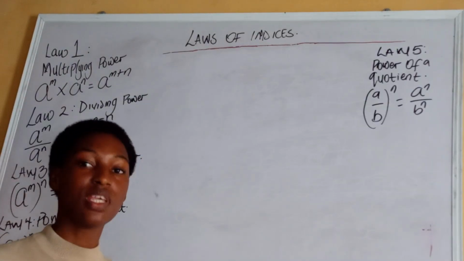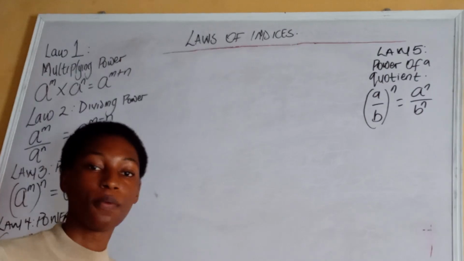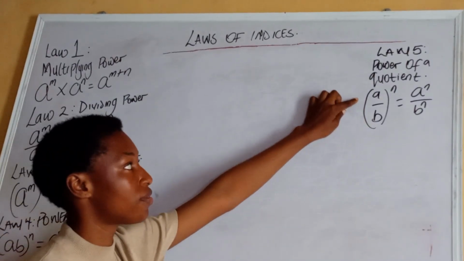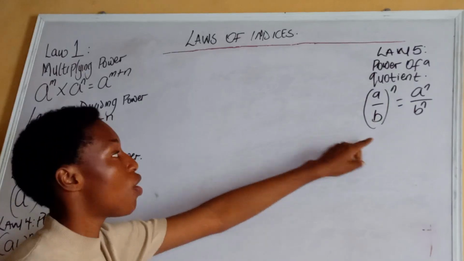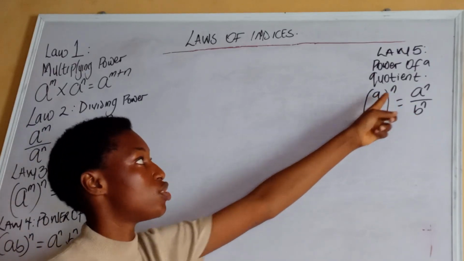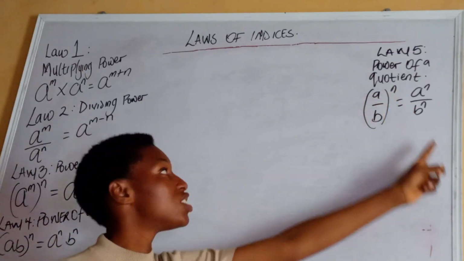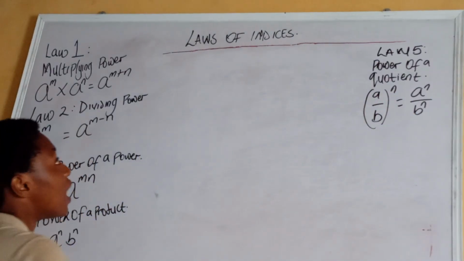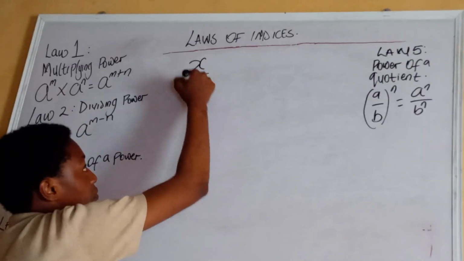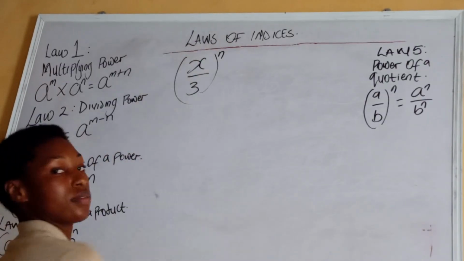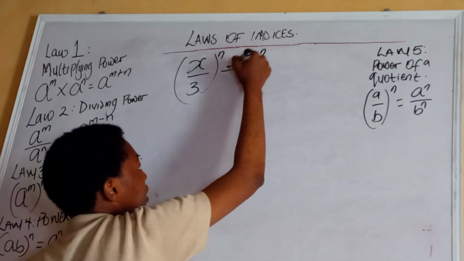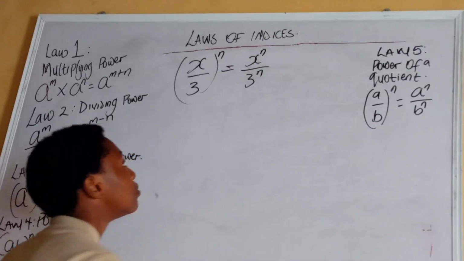So this next rule is almost like rule number 4. For this one, power of a quotient is simply saying when you have a over b all to the power of n, that is a to the power of n over b to the power of n. So you are distributing that power to each one of them individually. What if you have something like x over 3 all to the power of n? This becomes x to the power of n all over 3 to the power of n.